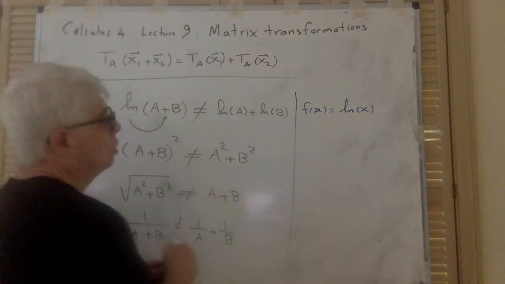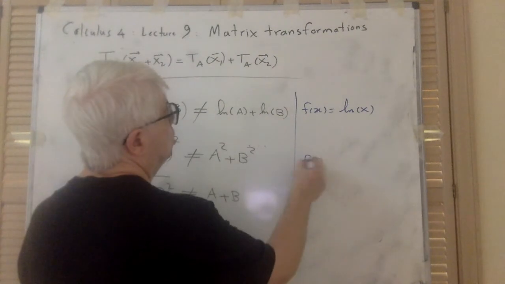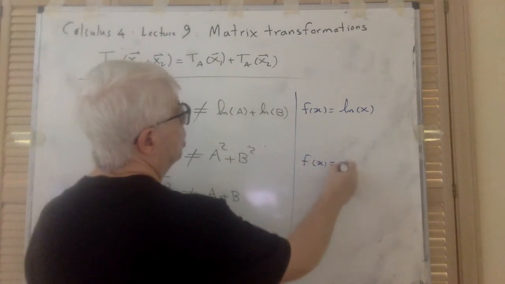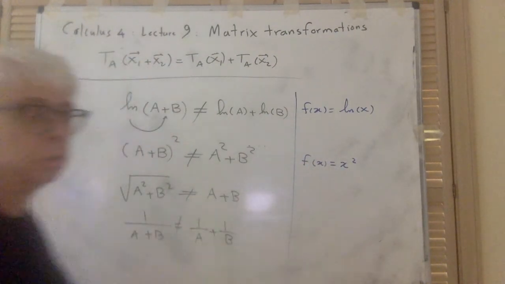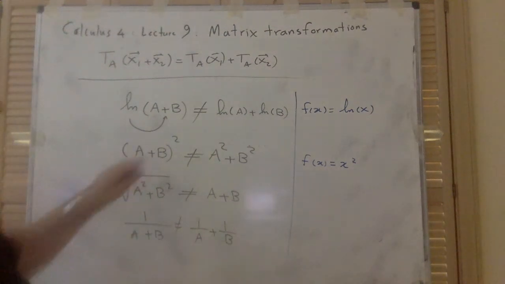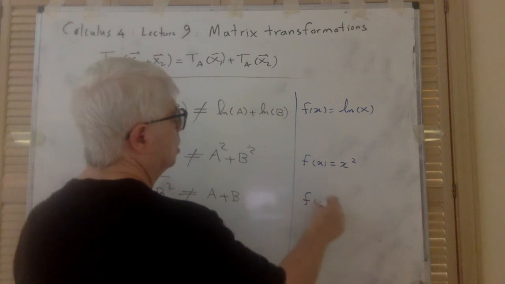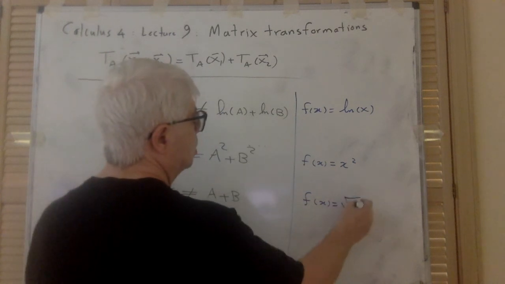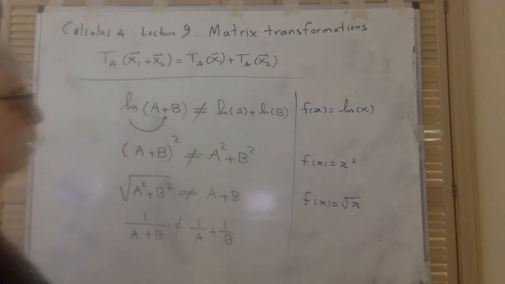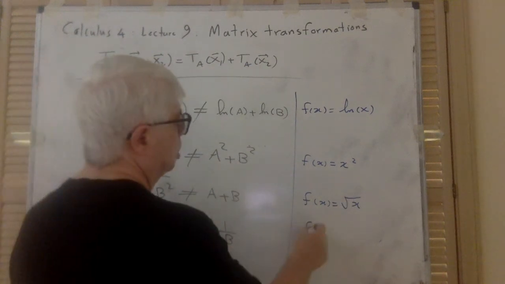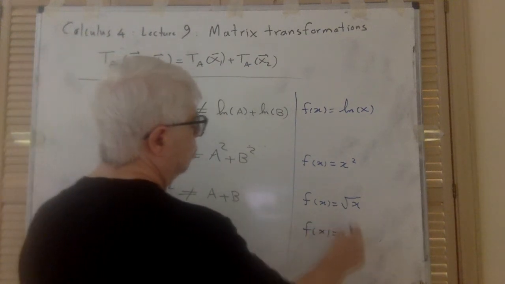What's the function in this case? You are distributing the function x squared over a sum. Here you are distributing the function square root of x. And here, distributing 1 over x.